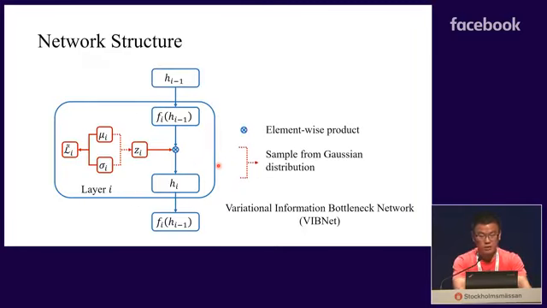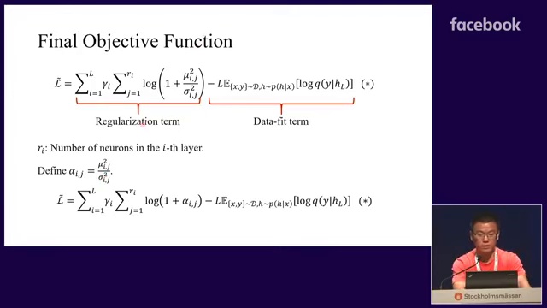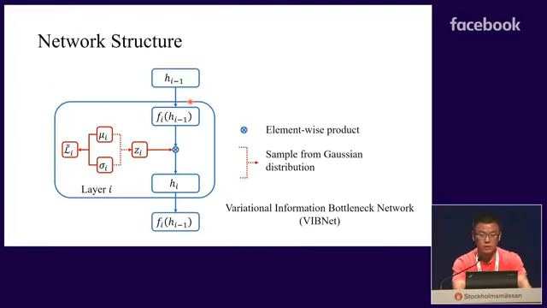In the final network structure, we can see the KL term is only related to mu_i and sigma_i, because in this equation, the KL term is only related to these things. So the network structure is like this. This part we already introduced in the previous slides. And here, this is the KL loss term, which is only related to mu_i and sigma_i. And all the parameters can be optimized using back propagation.